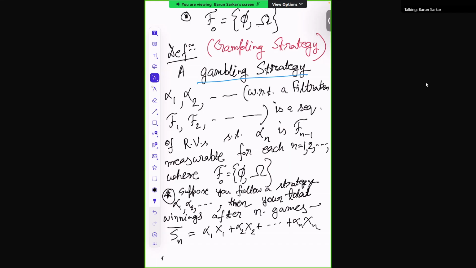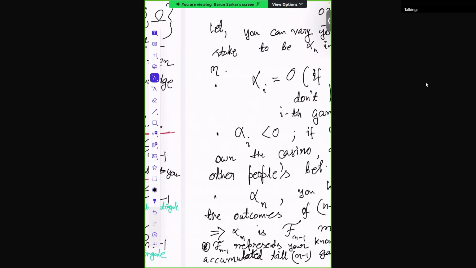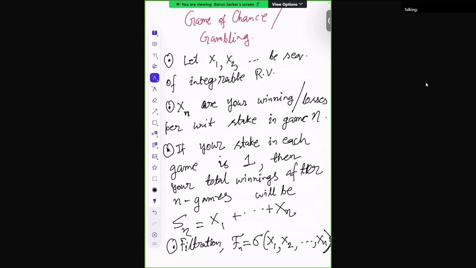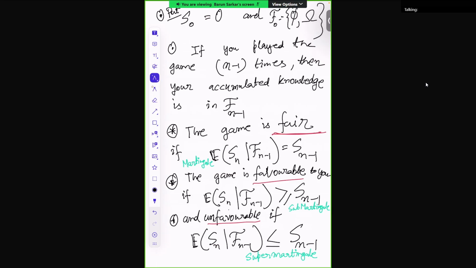By convention, you can have S0 bar equal to 0. Now for example here, what is my Sn?